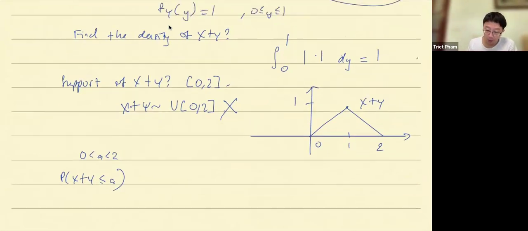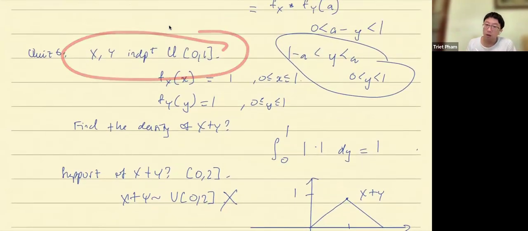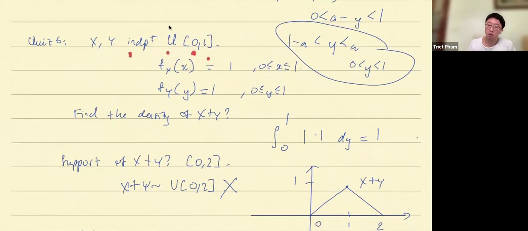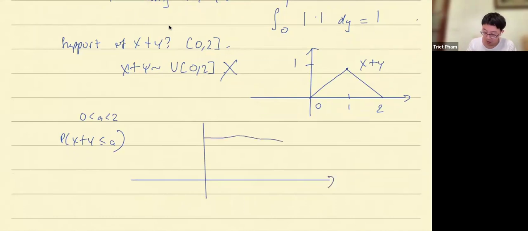What's the joint density of x and y here? X and y are independent uniform 0 to 1. So jointly, they occupy a square, the unit square.